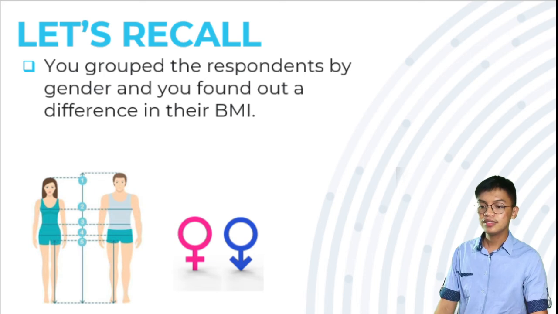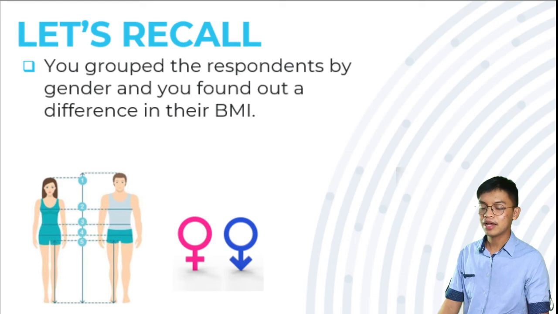Now, this researcher tried to group the respondents by gender. And she found out that there is a difference in their BMI. The male teenagers are more overweight, or are overweight compared to girls who are normal in their BMI.